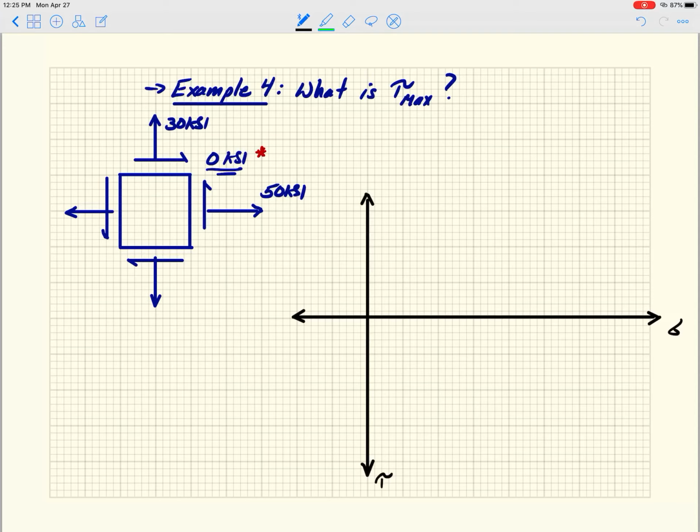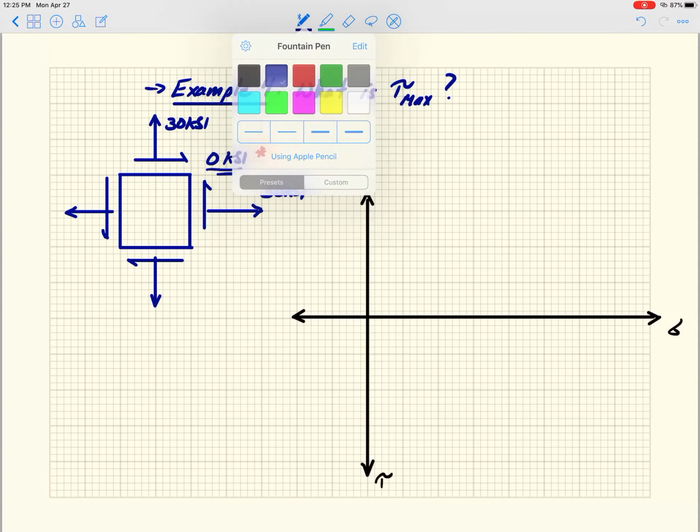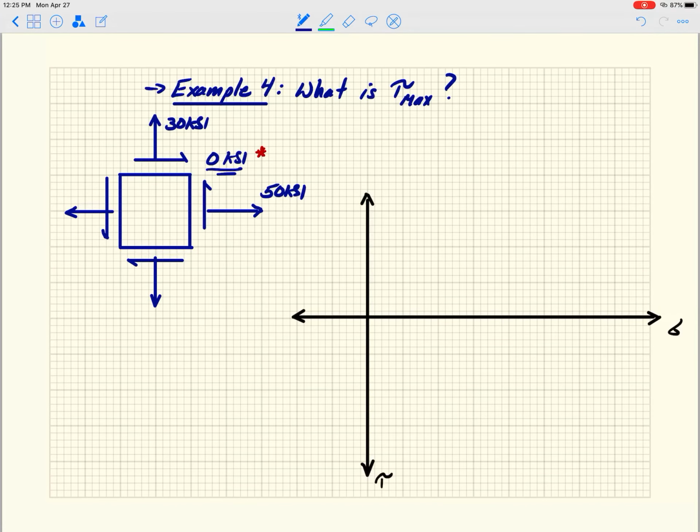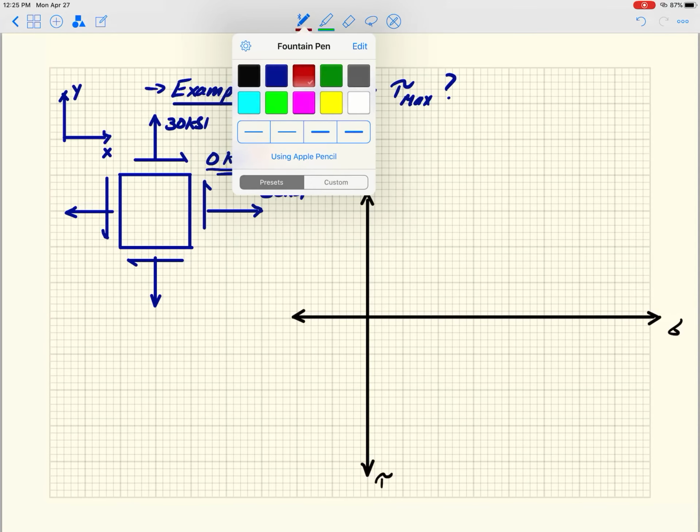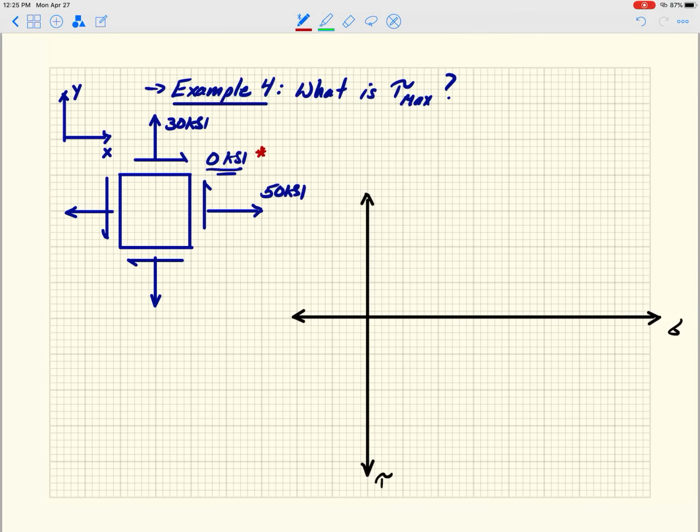That means there is no shear stress in the xy plane, right? So in this plane, x and y, there is no shear stress. That doesn't mean that there is no shear stress, period, right? I can orient this to a different orientation, and there can be shear stress, right? So let's see how that works out, right? So we know this is a principal state of stress.